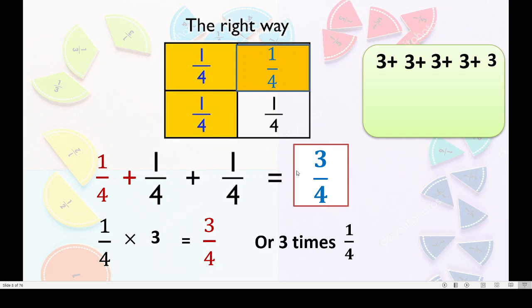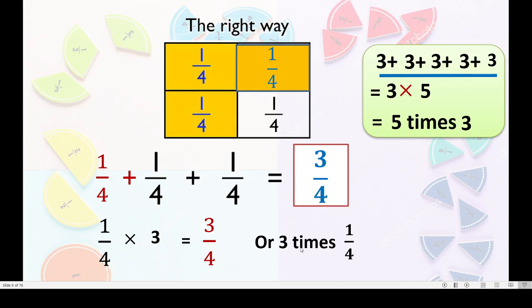Here 3 plus 3 plus 3 plus 3 means what will we write? 3, how many times did we add? 1, 2, 3, 4, 5 times. Can you remember this? 5 times we added, so I will write here 5. So what is the answer? 5 times 3, that is nothing but 5 3s are 15.